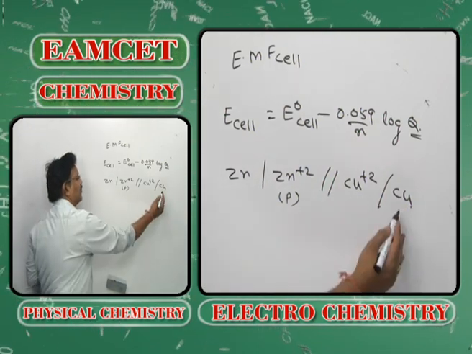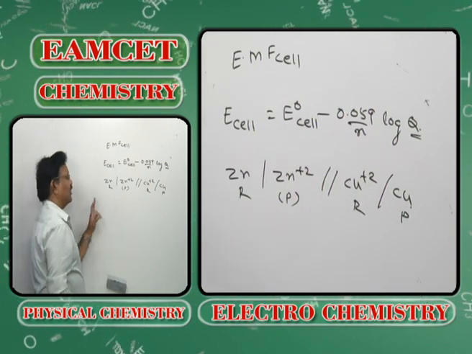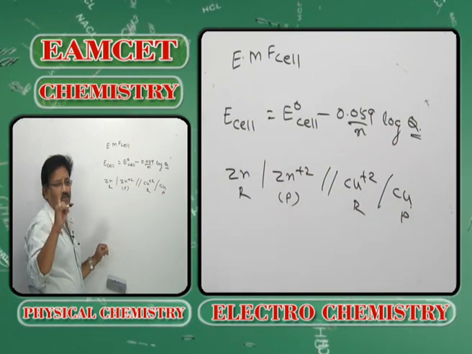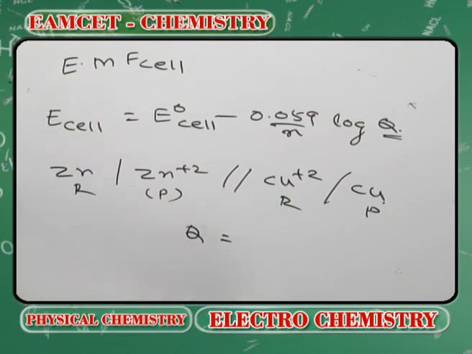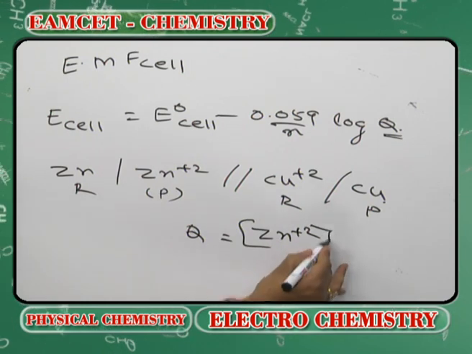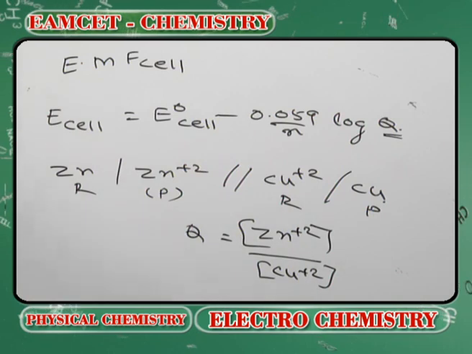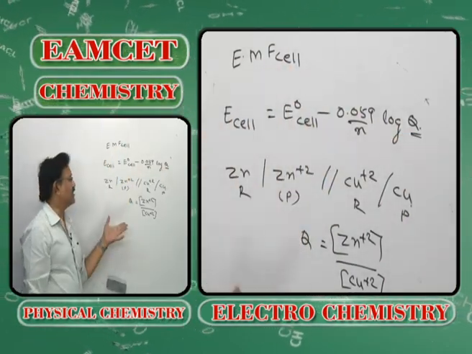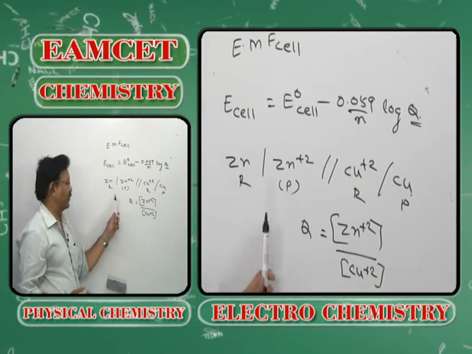So Cu+2 will be on the reactant side. We can neglect zinc and copper because for them the active mass is equal to 1. Then what will be the Q value? Zn+2 concentration by Cu+2 concentration. So, with the knowledge of this cell notation, we can easily write the expression for Q. These are the basic things a student is expected to be thorough with.